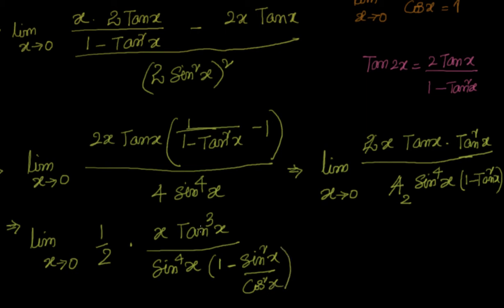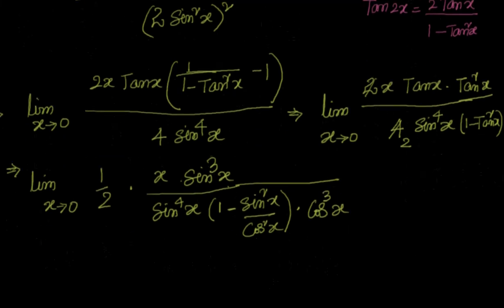Also, I will try to convert this into sin cube and cos cube. Okay, let me do that. Tan x into tan square x is tan cube x. I can write it as sin cube x divided by cos cube x.